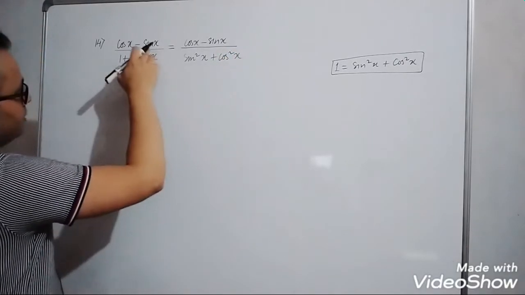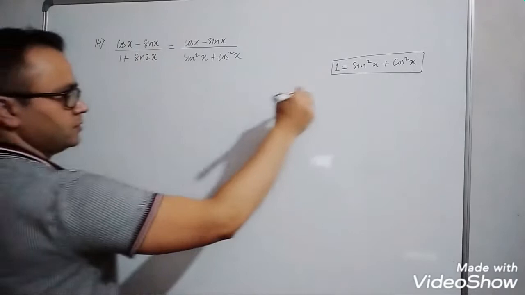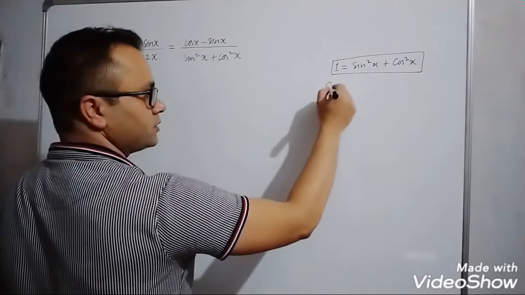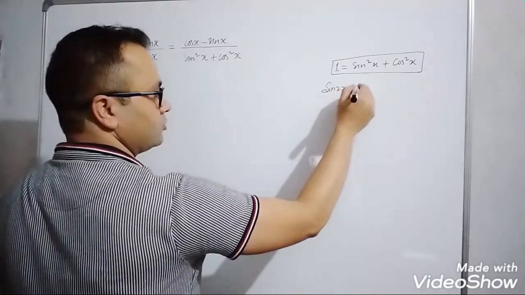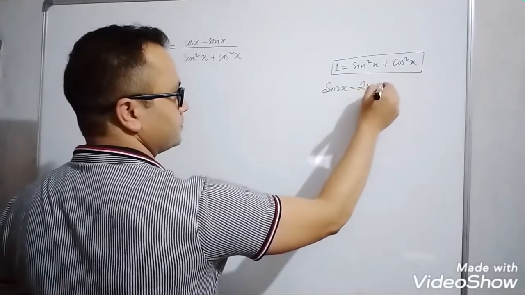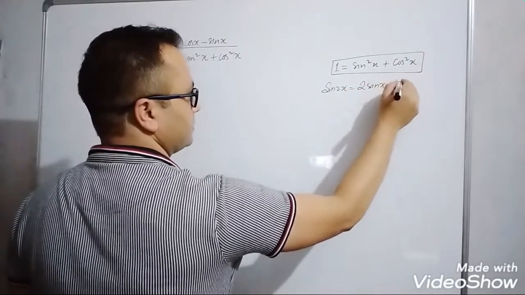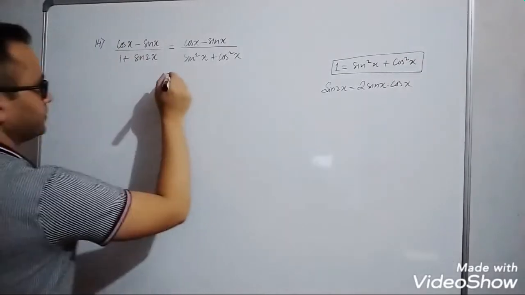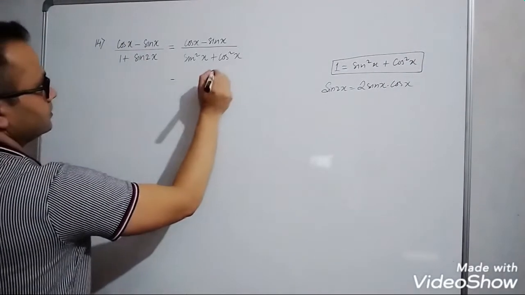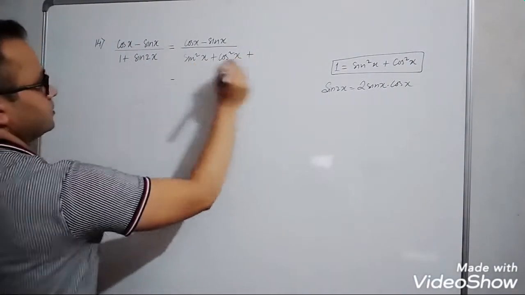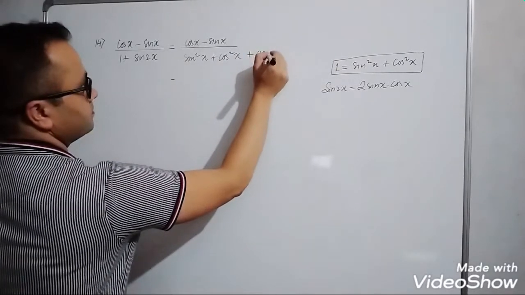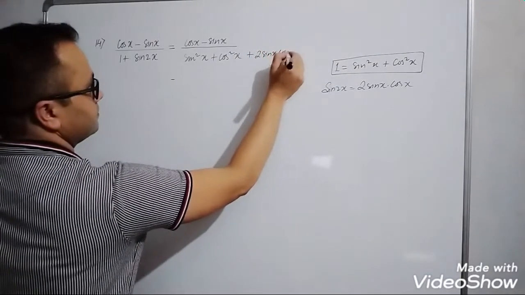Now again we have to put the formula of sin 2x. What is the formula of sin 2x? Sin 2x is 2 sin x cos x. So plus 2 sin x cos x.